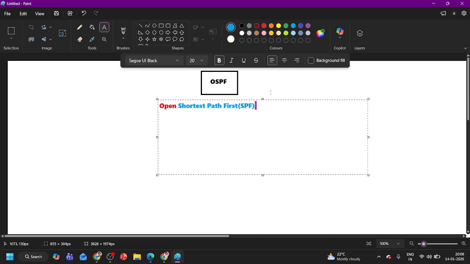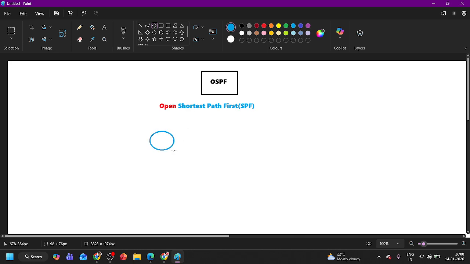EIGRP uses the multicast address 224.0.0.10 to send its messages. As soon as you enable OSPF on the interface of a router, remember that a routing protocol doesn't work on the router as a whole, it works on the interface. If I have a scenario like this, R1, R2 and R3, here I can run two different IGP protocols, one on the link between router 1 and router 2, and one on the other link.